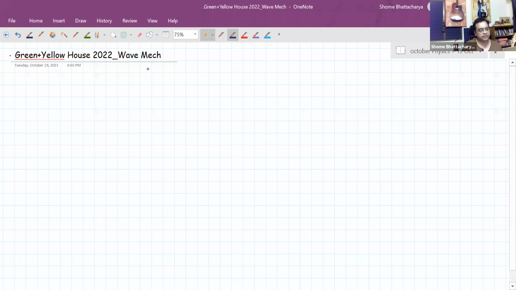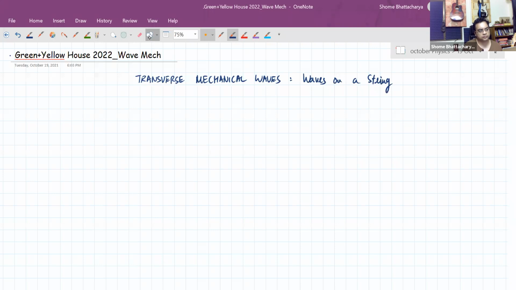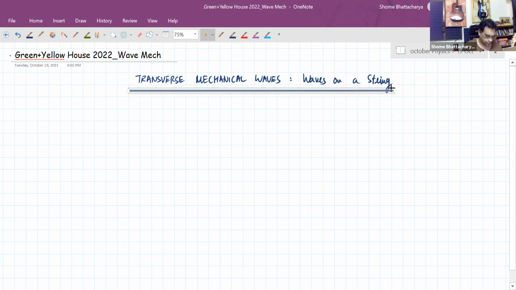So we're talking about transverse mechanical waves, waves on a string. And we discussed the phasor diagram method of the net amplitude calculation for the case of interference. So we're talking about superposition of waves.